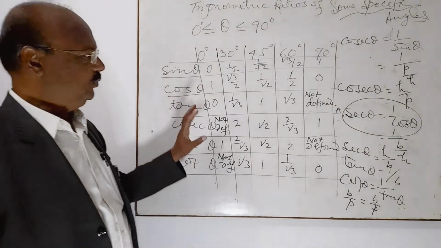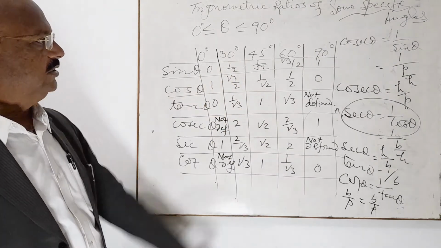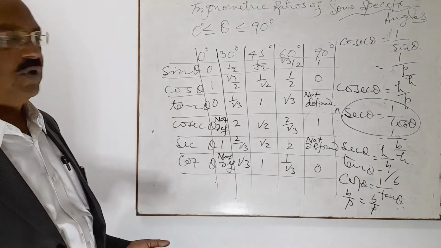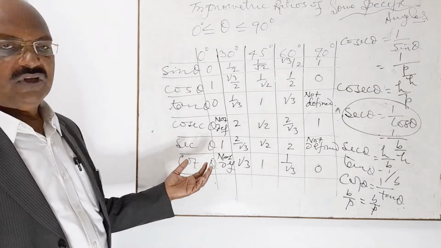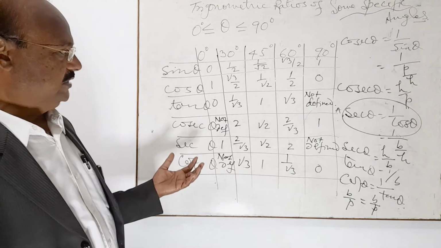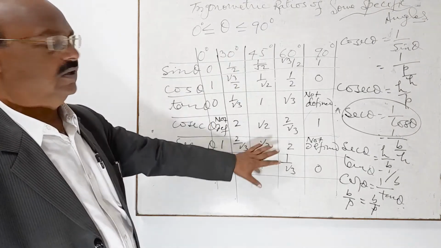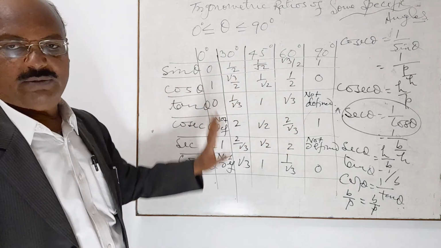And we are supposed to remember this table all the time, so that you can solve the problems of this topic very easily. So now let us see some problems. But I will suggest you to remember all these values, then only we will be able to solve the problems.